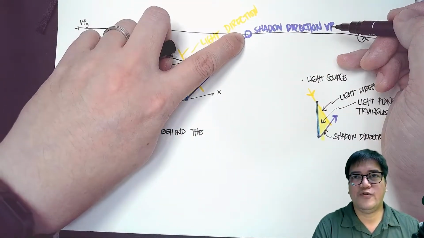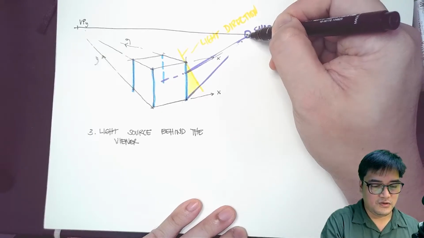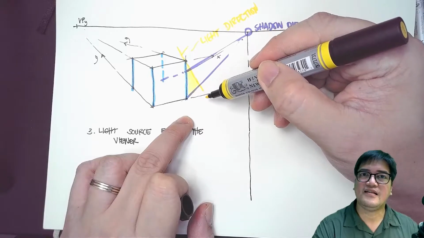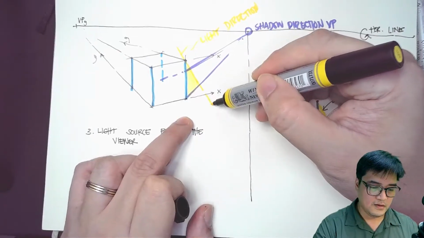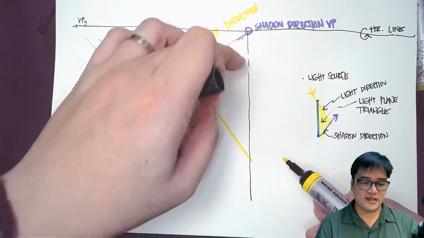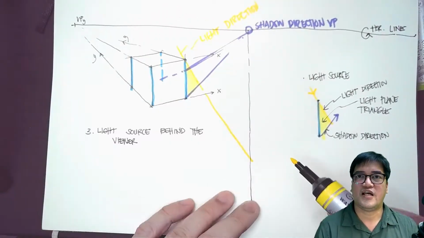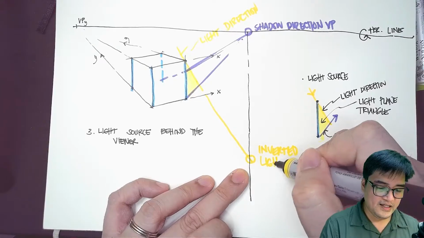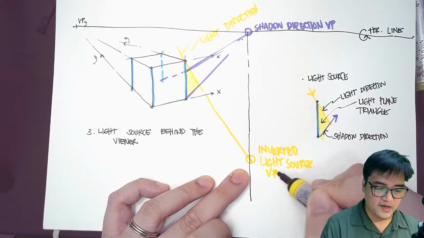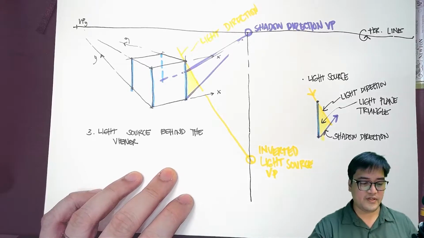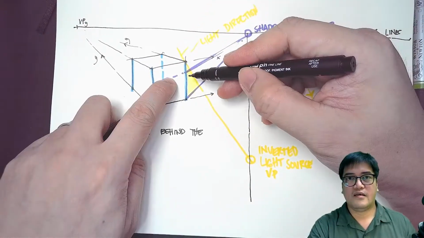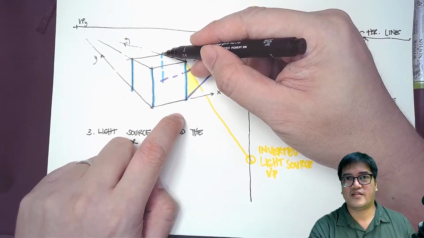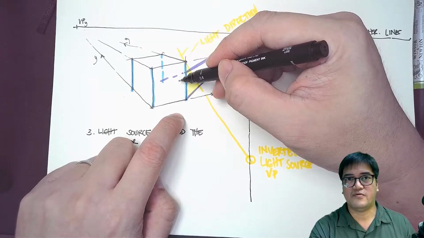From your shadow direction vanishing point, you draw a vertical line, and you extend this light direction line until it hits this vertical line from the shadow direction vanishing point. And this now becomes your inverted light source VP, because this is important for us to determine the intersection, or where this point's shadow is going to be located.